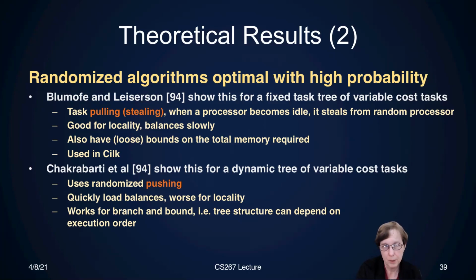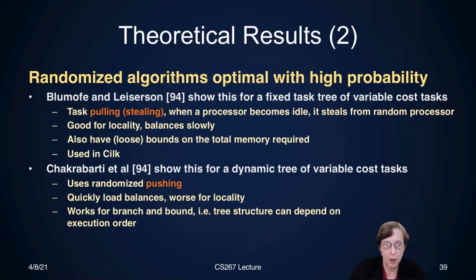So what's the difference between pushing and pulling? Well, pulling tends to be better for locality, in fact significantly better, in the sense that you mostly execute locally and you don't steal something until you run out of work. However, pushing actually balances the load more quickly.